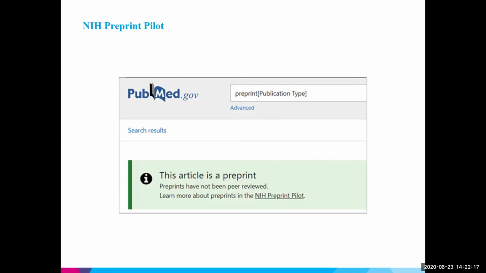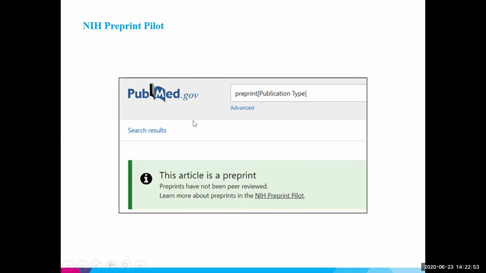Right now, their pilot, which is going to go on for about 12 months, is focusing on COVID-19 research. Once again, COVID-19 is a terrible thing, but it is showing the importance of why we need preprints, because it's really important to have this research available quickly. The National Library of Medicine and the NIH are aware of that, and this is why this pilot has come into existence.